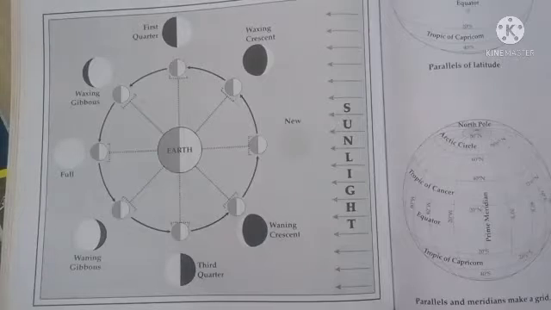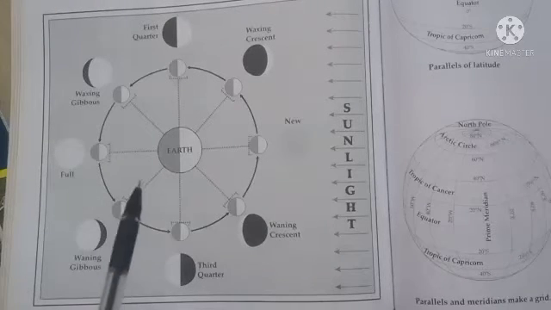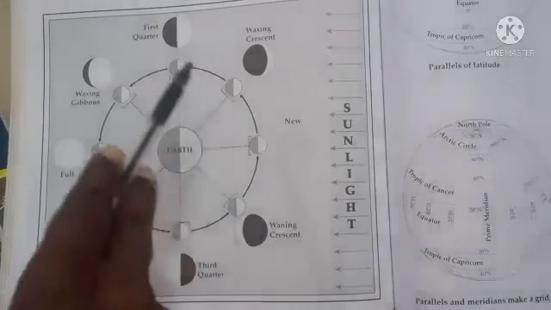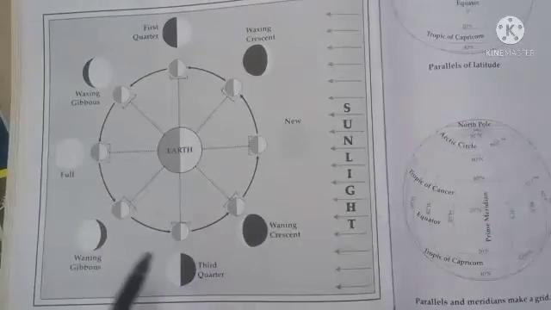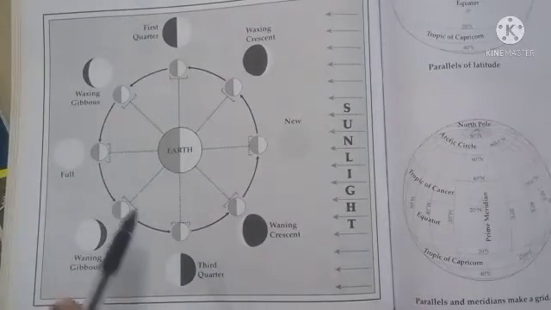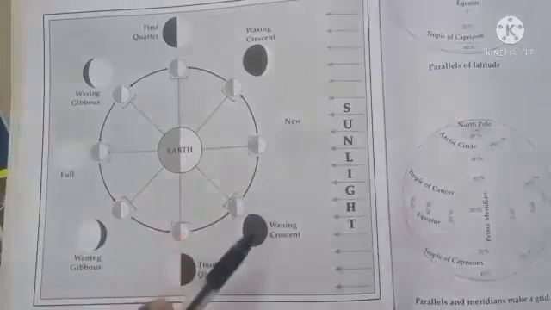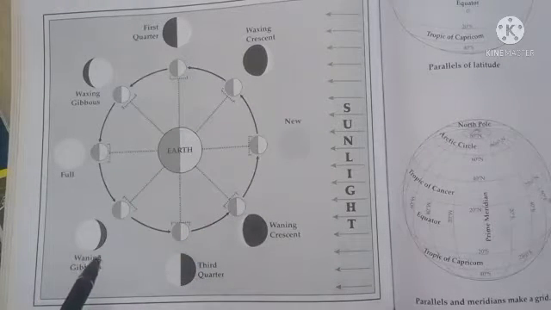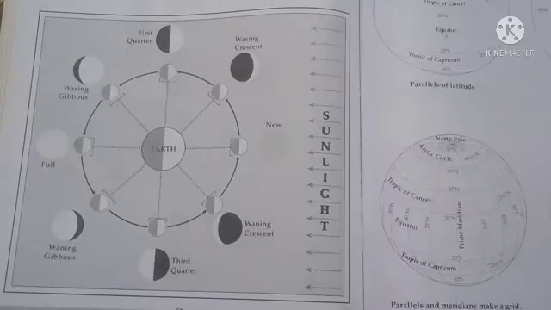Dear children, look at this picture. We know the positions of the moon around the earth. So this revolution around the earth causes the high tide and the low tides. Dear students, look at this picture now.